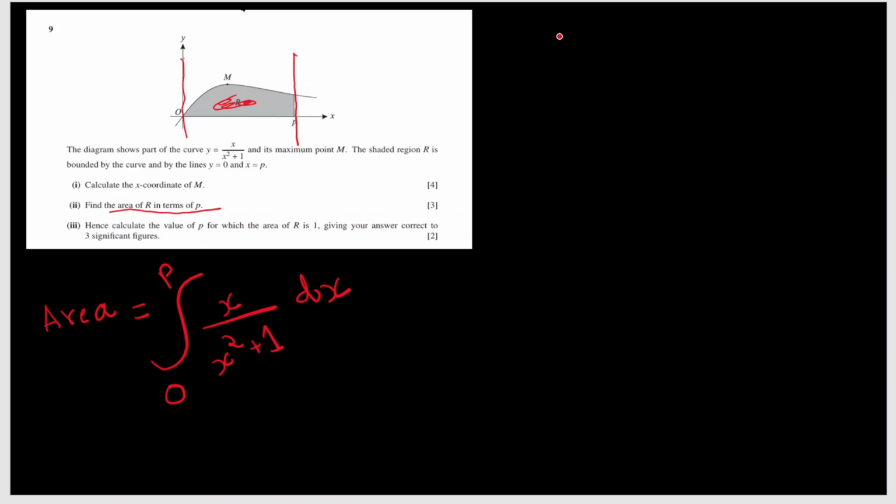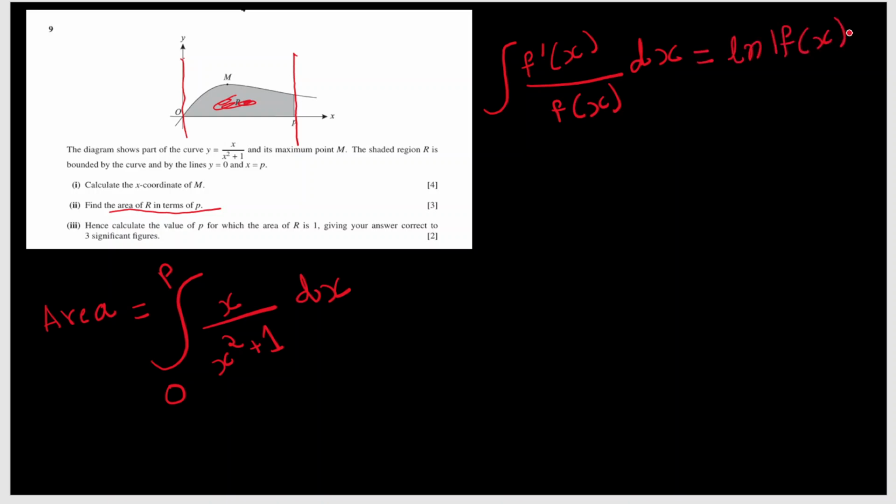Now we know that in integration, if we have f dash x over f x dx, that is, if we have the first derivative of the denominator in the numerator, its integral becomes ln f x plus c. It's the absolute value of the denominator, simply that.